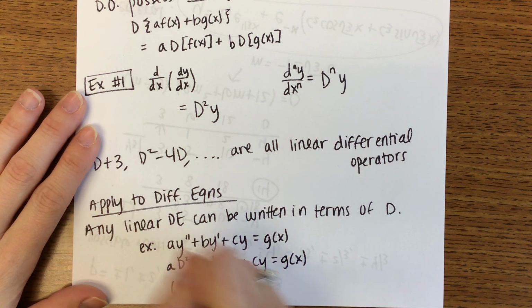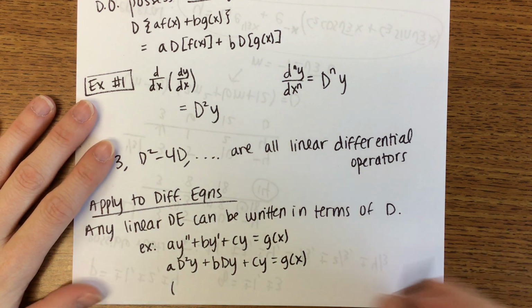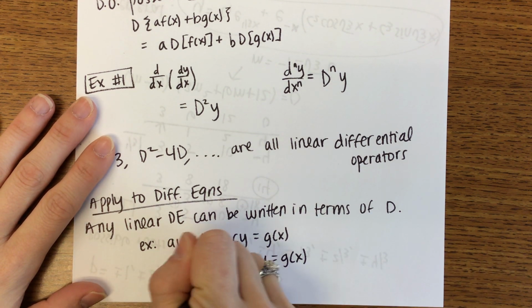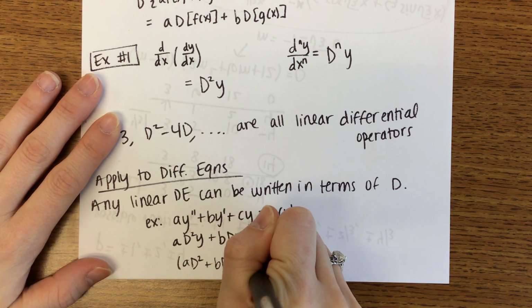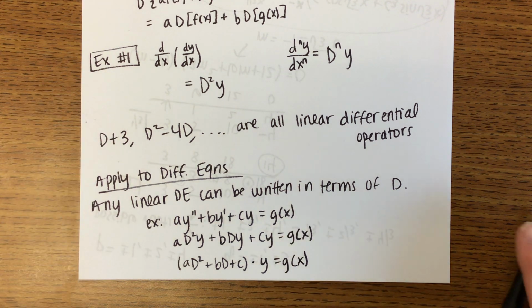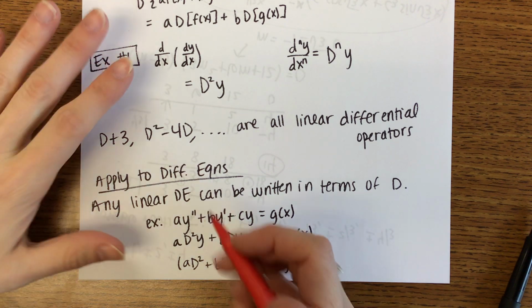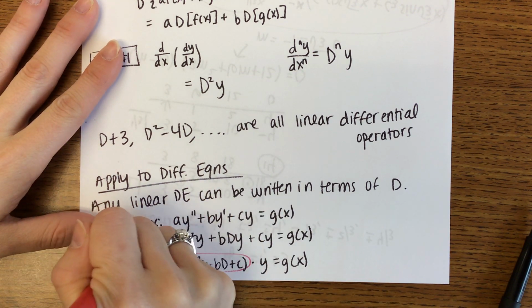So on the left side, what we can do is factor out everything that's not a y. So this is (aD squared plus bD plus c) times y equals g of x. All that stuff in parentheses is a differential operator.